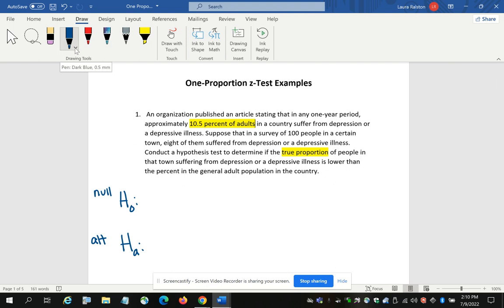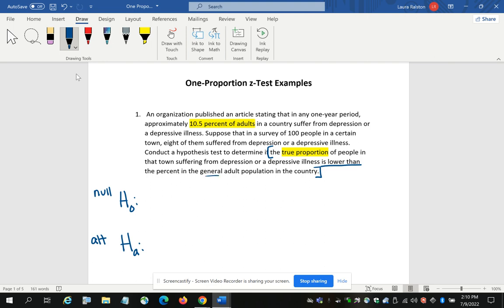I know sometimes you guys struggle with identifying the hypothesis, but this one helps you out here because it says in the last sentence, conduct a hypothesis test to determine, and then it gives you a statement: if the true proportion of people in the town suffering from a depressive illness is lower than the percent in the general population in the country.